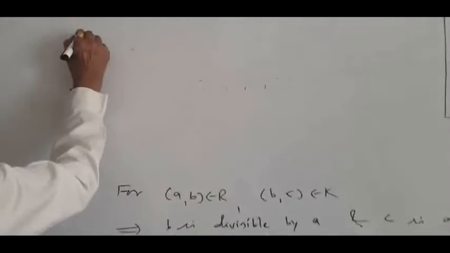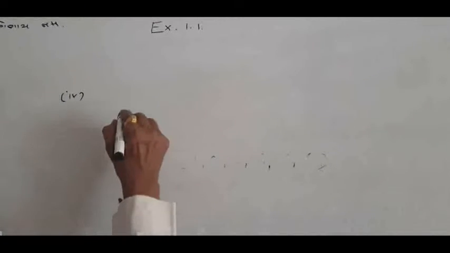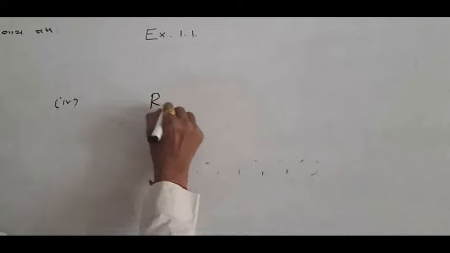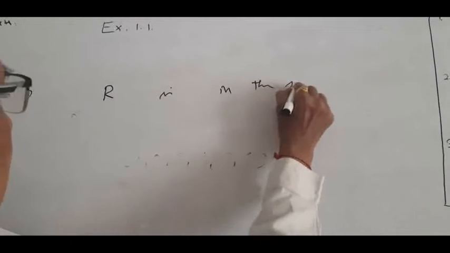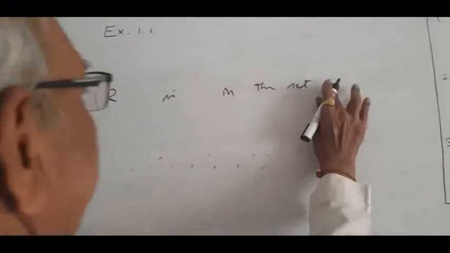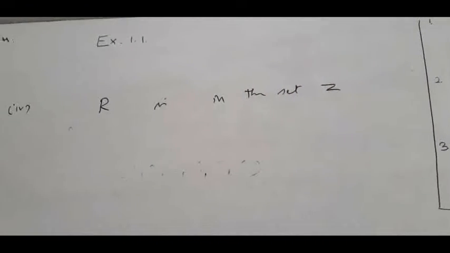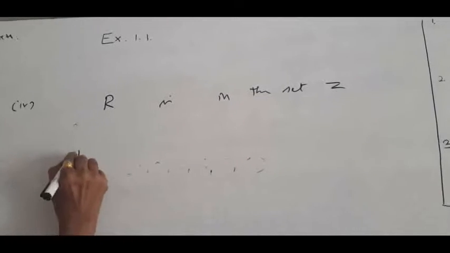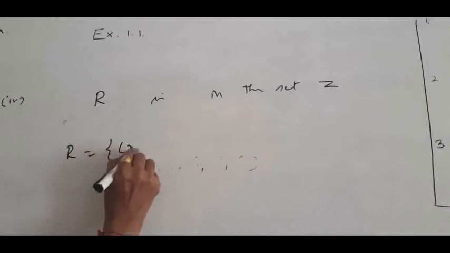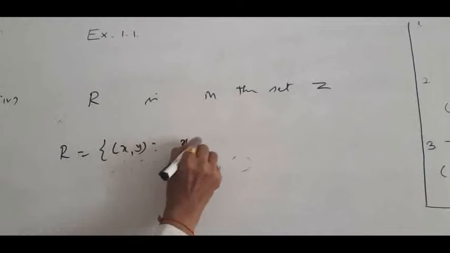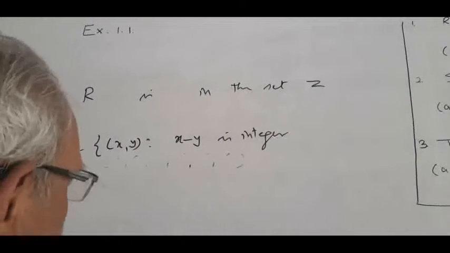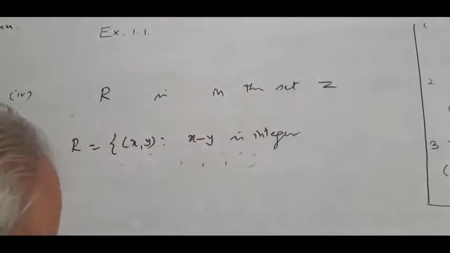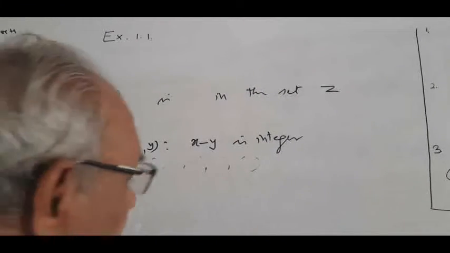Now, four. The relation R is in the set Z of all integers, where R is equal to (x, y) where x minus y is an integer. So this is a very simple example. You can easily do it by yourself.